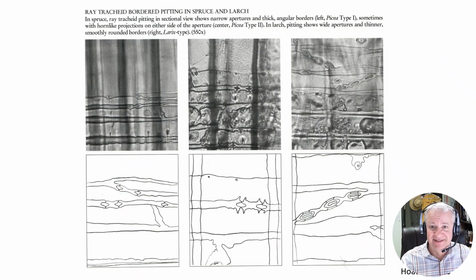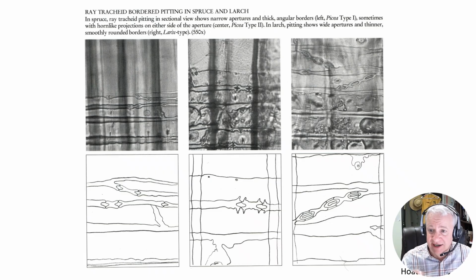In the case of those others, we often would then need to go to microscopic characteristics. And we're not going to go into that in this class, but as an example, this is an image from Hoadley where he shows how to use microscopic sections or thin sections taken from wood, and you search around on a microscope and you can find bordered pits.